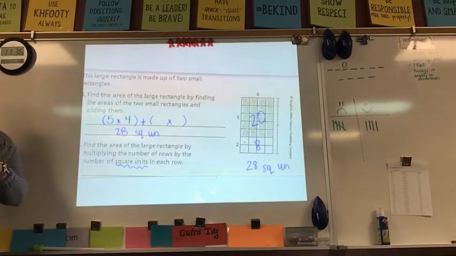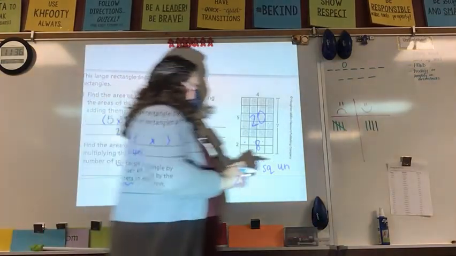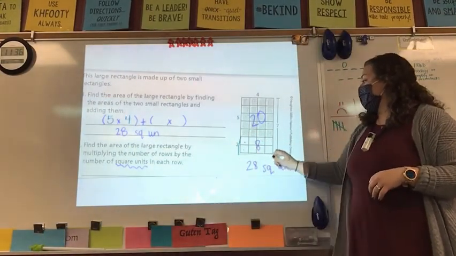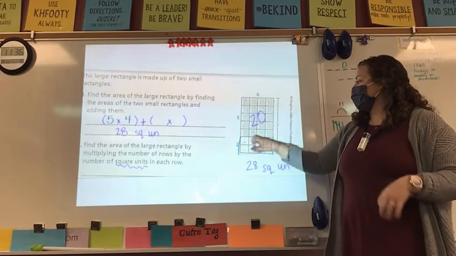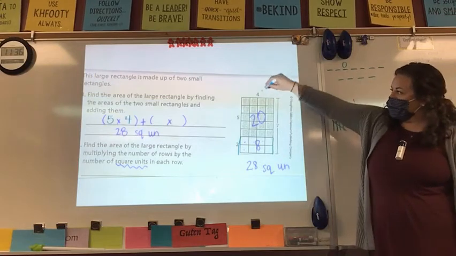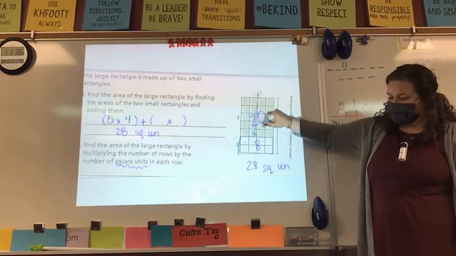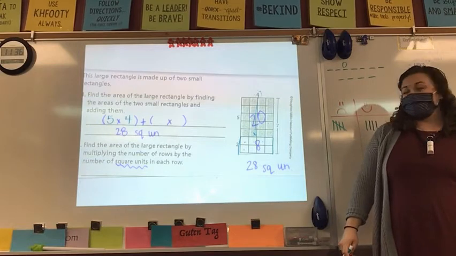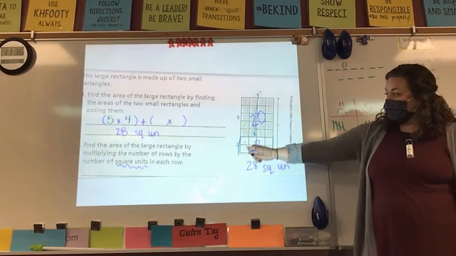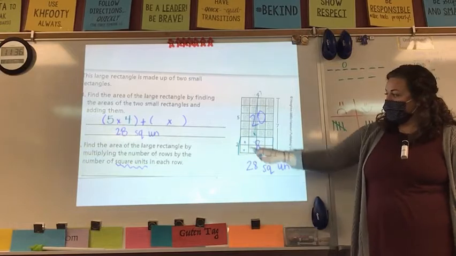I'm looking for a mathematician now to tell me how can I represent just this bottom part that's not shaded. Now be careful because they didn't put this number, but we can count that. And since it's a rectangle, we know that this number kind of carries down, right? What would be my multiplication for the second one, Ellie? It's a this by this.